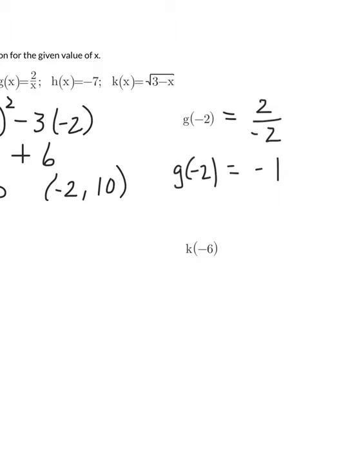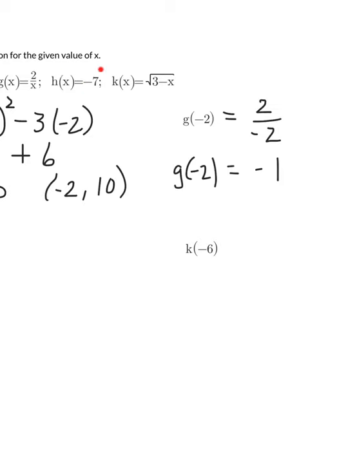H of 5, h is what we call a constant function. So g of negative 2 is negative 1. So now h of 5, notice here that function h of x is equal to negative 7.